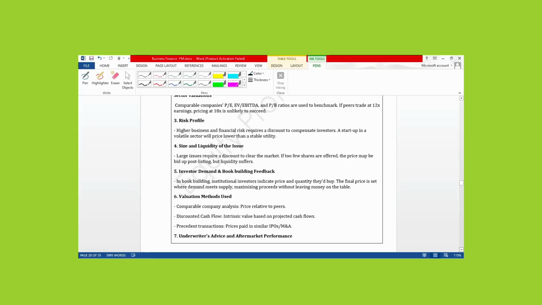The final price sets where demand meets supply. The force of demand and supply now, where the demand for the shares is high, where people are eager to buy your shares, you can quote a high issue price.